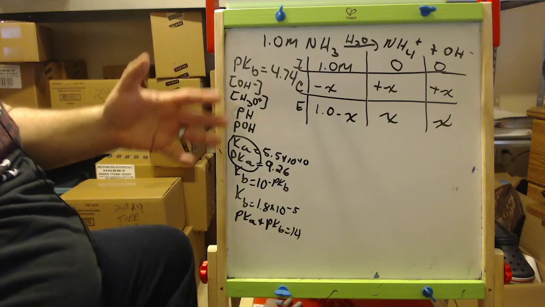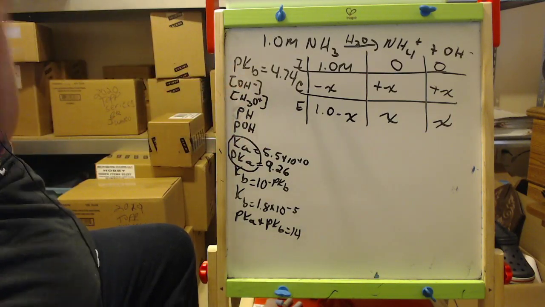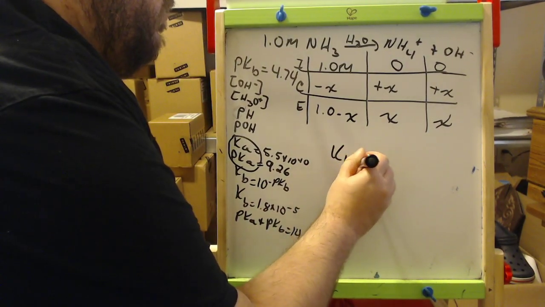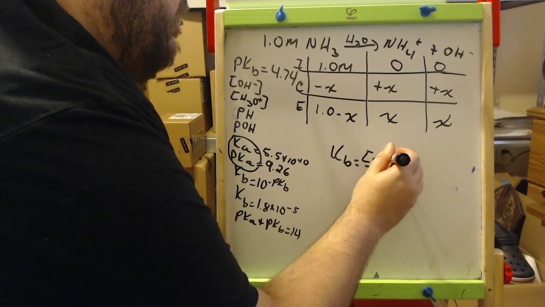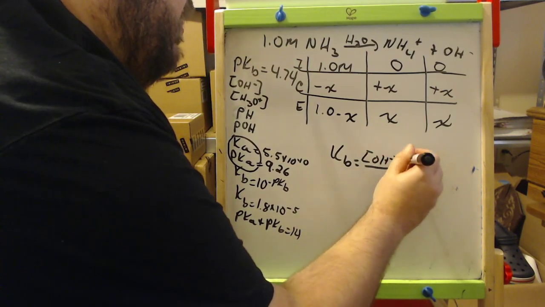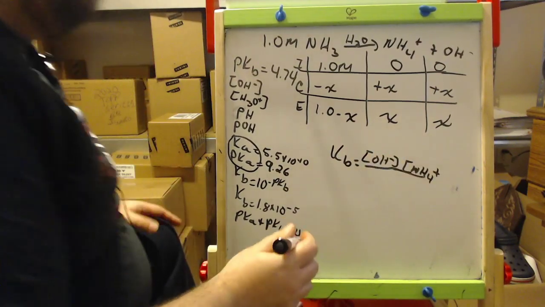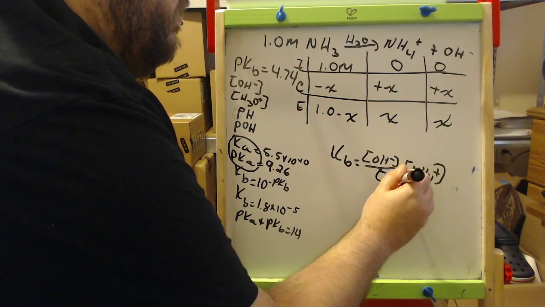The question is, what is my OH minus, H3O plus, pH and pOH? So we come over here and we write our Kb out. Our Kb is going to be the concentration of hydroxide times the concentration of ammonium all over the concentration of ammonia to start.